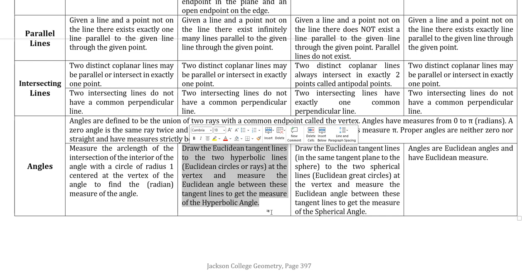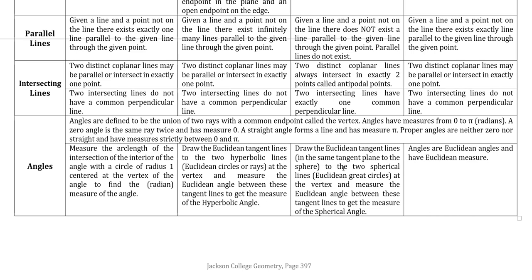So it's basically what we would call a conformal measurement, because they're measured as you would measure Euclidean angles. How do we measure the angle between two curves that intersect? We measure the angle formed by their tangent lines, and that's how we do it in hyperbolic geometry. Essentially we do the same thing in spherical geometry.